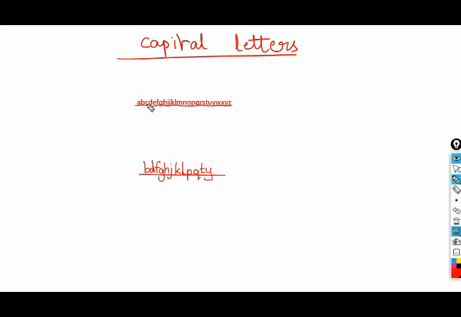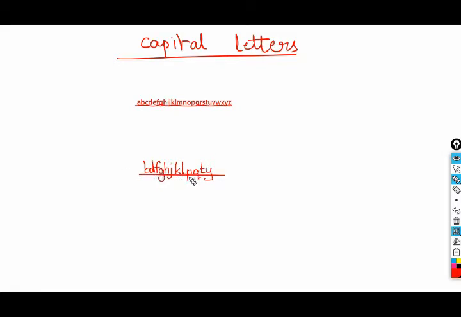So the size of each of these letters are almost the same, except for these letters, which are written a bit differently. All the others are written in the same size, but these ones differ because either they extend upward or they extend downward. And these words also should be written like this.